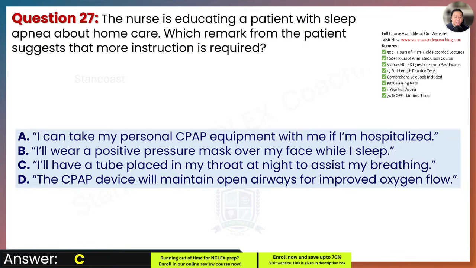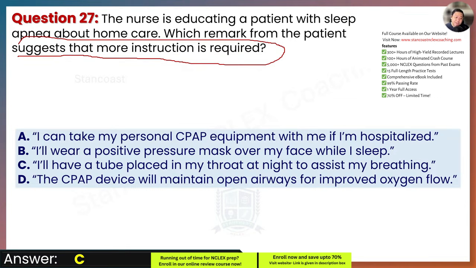We're actually looking for that statement that suggests more instruction is required. So this statement in letter C indicates a clear misunderstanding of the CPAP.